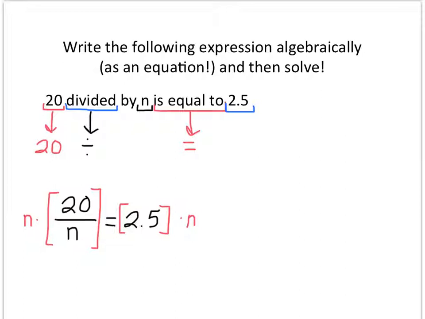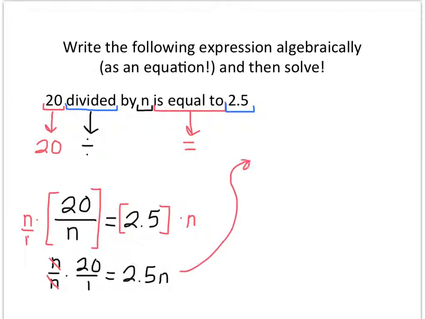Or in other words, n over 1. And if we remember, when I multiply, this is going to give me n over n times 20 over 1. Or in other words, because multiplication and division are inverse operations, these n's are just going to divide to 1 and cancel.